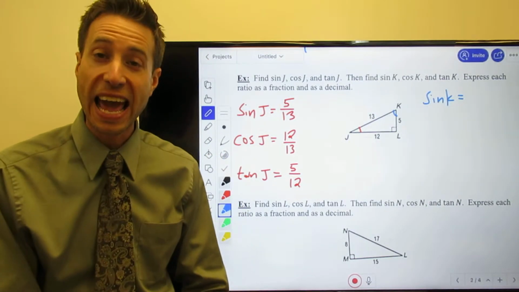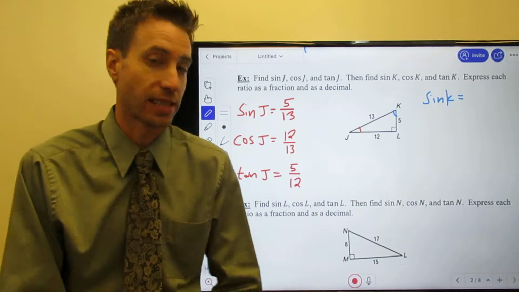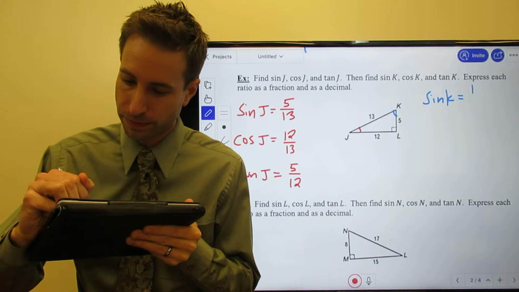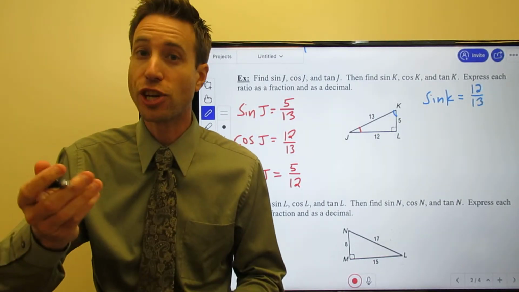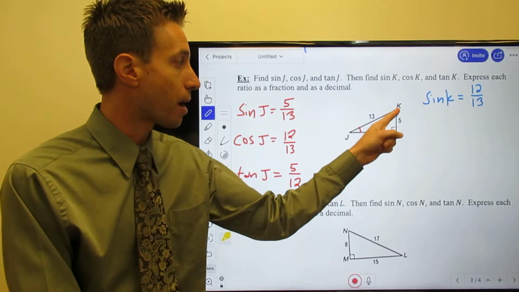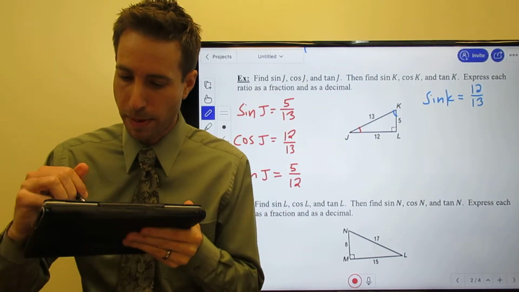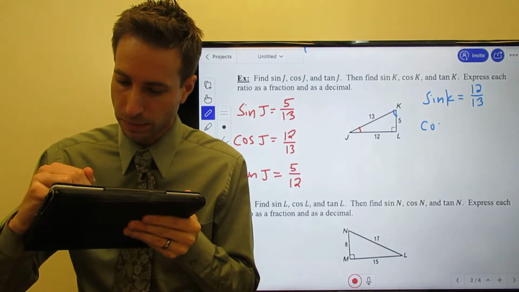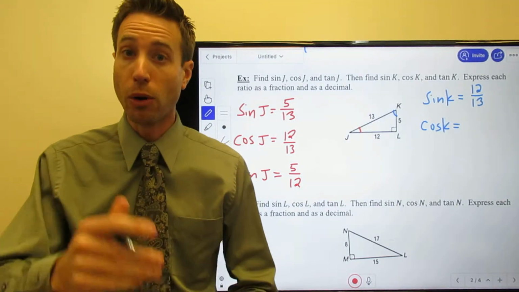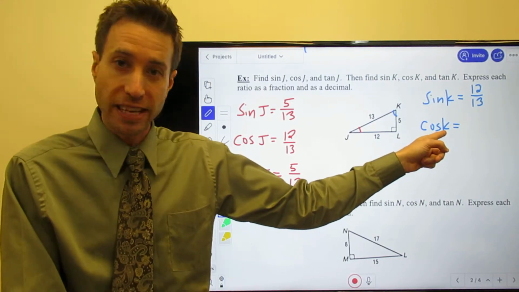Well, the sine of K would be whatever cosine of J was, in this case, 12 over 13. Check it. We know that sine needs to be the opposite over hypotenuse. Opposite, 12, hypotenuse, 13. It works. What about cosine? Well, cosine of K will be whatever the sine of the other one was.